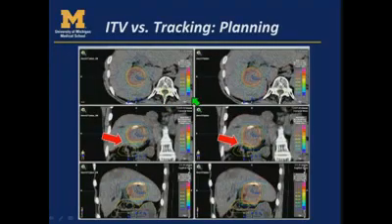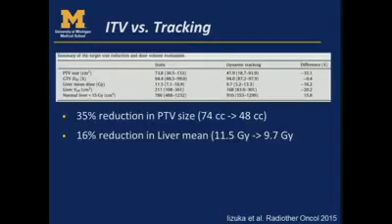Here on the left is the tracking approach, and over on the right is the ITV or free breathing approach. Here you can really see the difference in the size of the area that you're treating, and when you have normal tissue adjacent to the tumor location, you can really change your dose gradients into that area and potentially reduce the normal tissue toxicity risk.